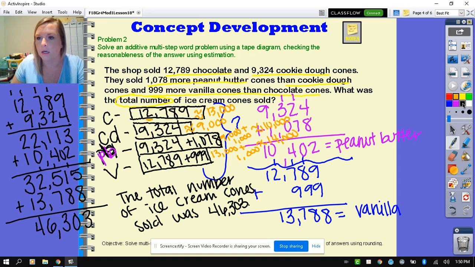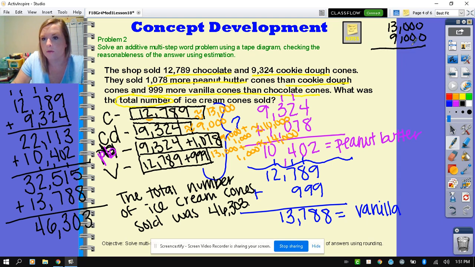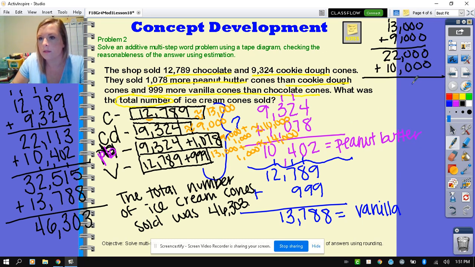So I'm going to come over here, and over here is going to be my estimation adding. So chocolate was about 13,000. And cookie dough was about 9,000. So I'm going to add those up first. 9 plus 3 is 12. Carry my 1. So 22,000. We said that peanut butter was about 10,000, which I would agree with our answer we got. So I'm going to add my 10,000 in. 2 plus 0 is still 2, and 2 plus 1 is 3.